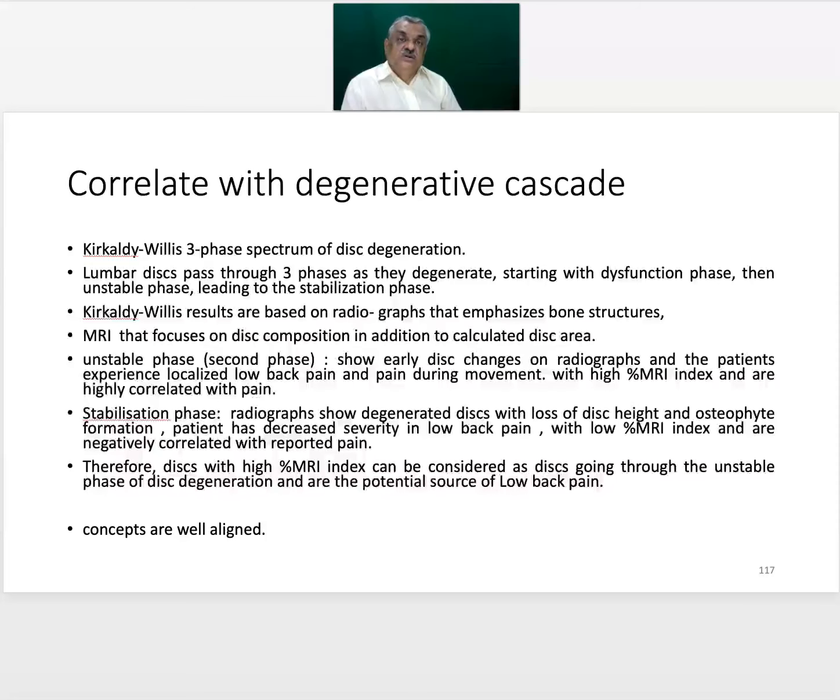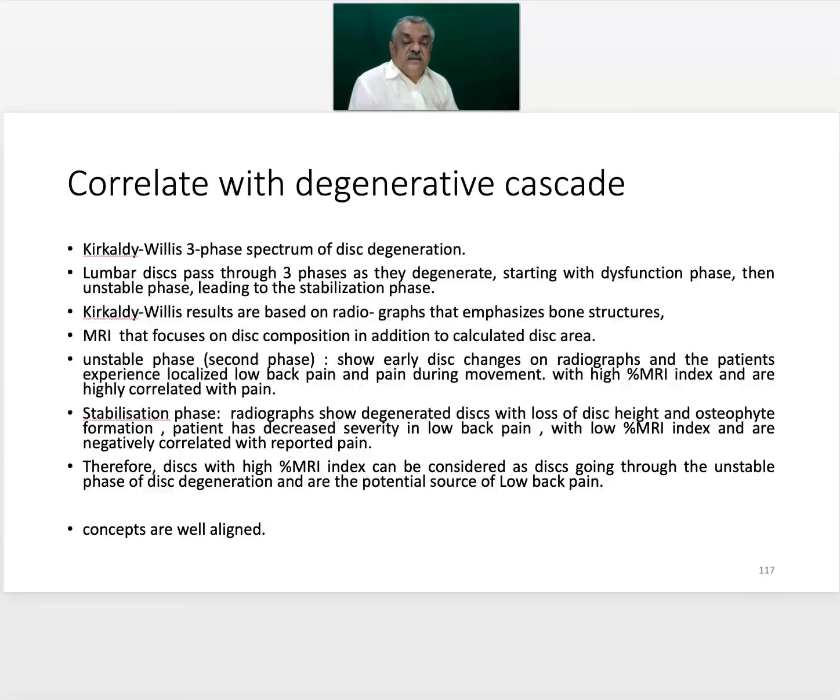So here, the important point is we are doing an MRI scan and trying to correlate it with the three-phase spectrum of disc degeneration. Now, what it is talking about is in the second phase, that is the unstable phase, it shows early disc changes on radiographs and the patients experience localized low back pain and pain during movement with high percentage MRI index and are highly correlated with the pain.